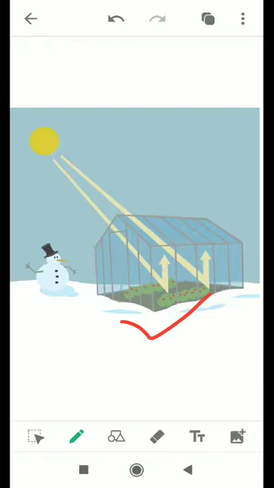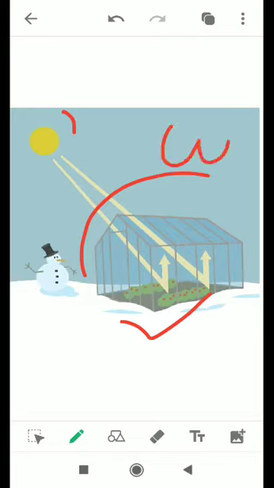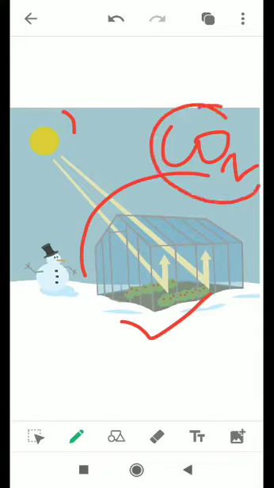When there is a high amount of carbon dioxide in the atmosphere and sun rays fall on it, this CO2 traps the heat of the sun and does not allow it to go back out of the atmosphere. So it makes the temperature very, very warm. This is called the greenhouse effect.